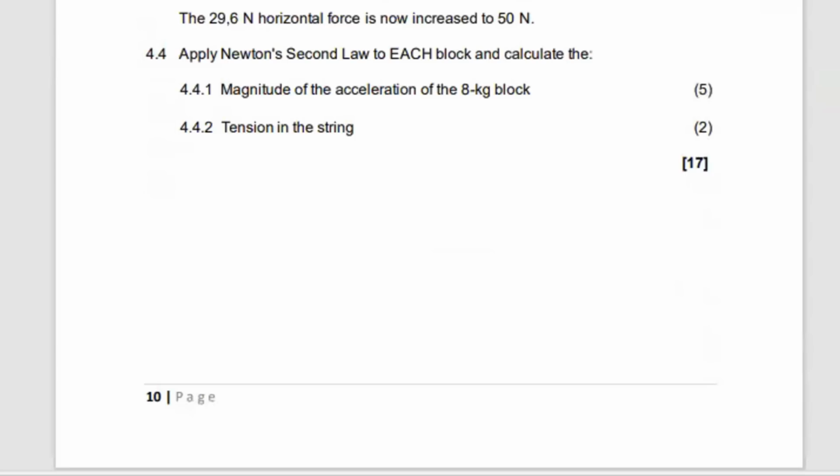With Newton's second law, we know that the net force acting on a body is directly proportional to the acceleration of the body and inversely proportional to the mass.